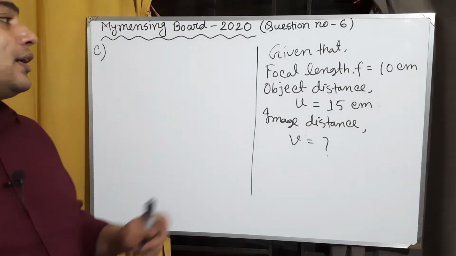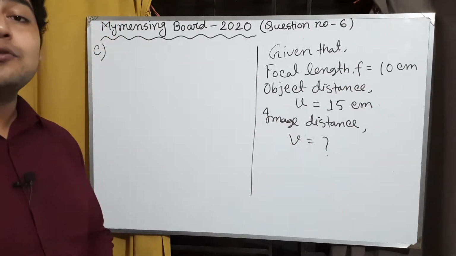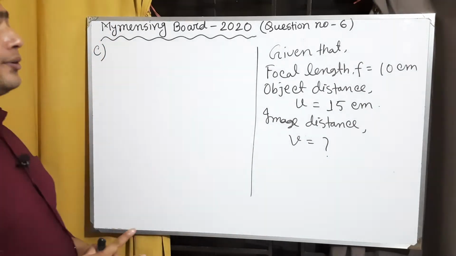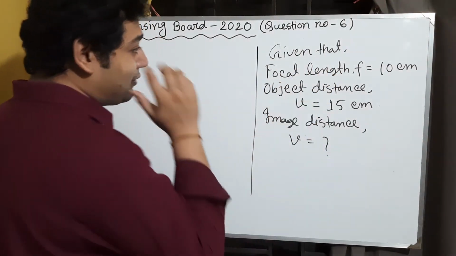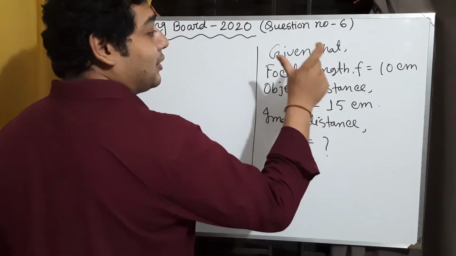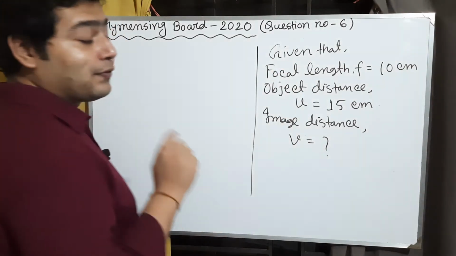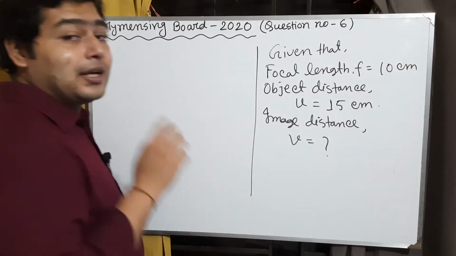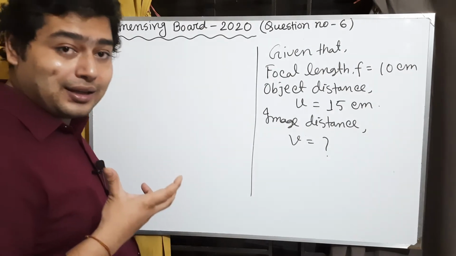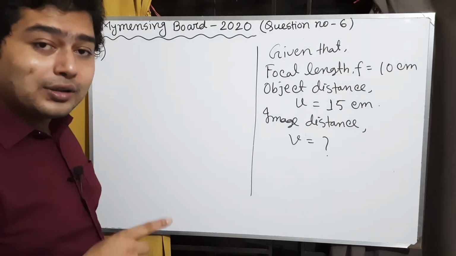Given that focal length f equal to 10 centimeter, object distance u equal to 15 centimeter, and image distance v equal to what? From the given information, the object is placed between center of curvature and focal length. For this position, we get a magnified image, and this happens only for a concave mirror.